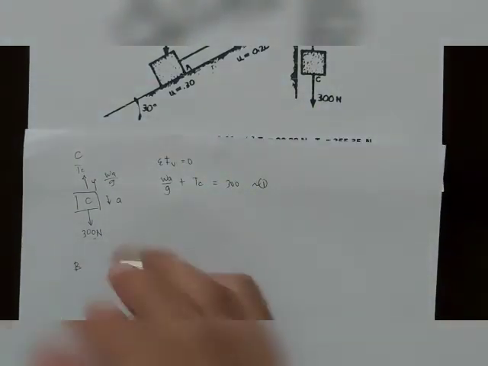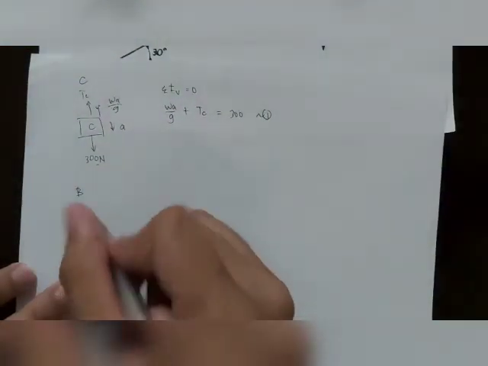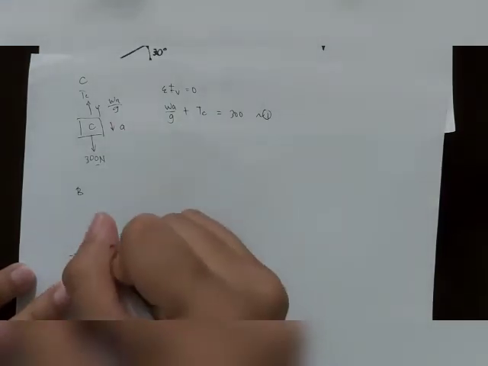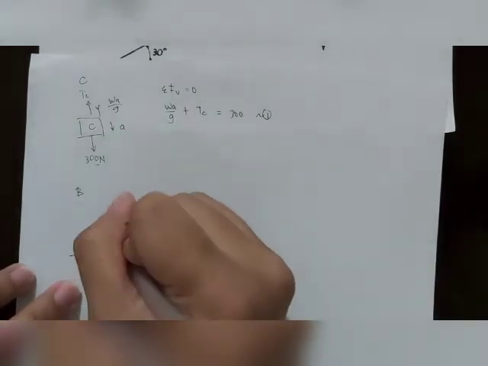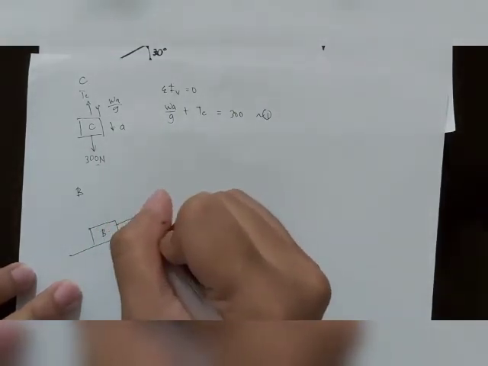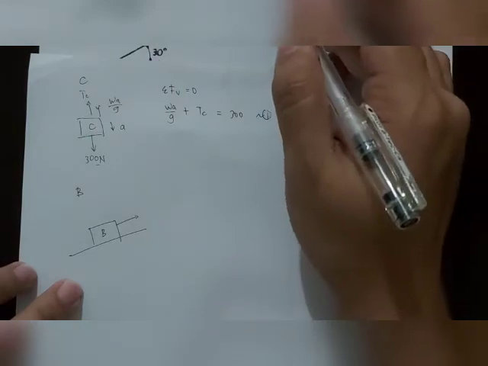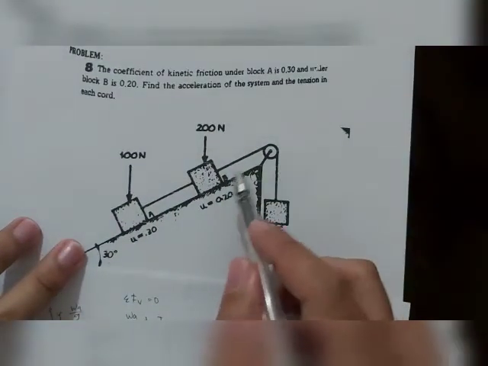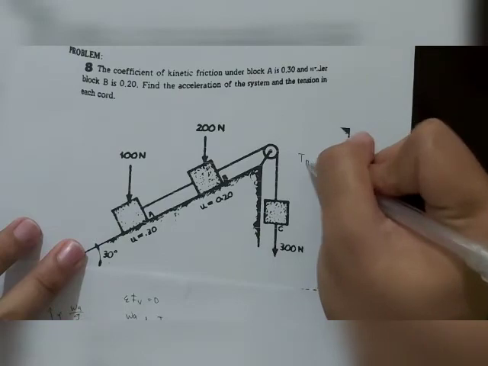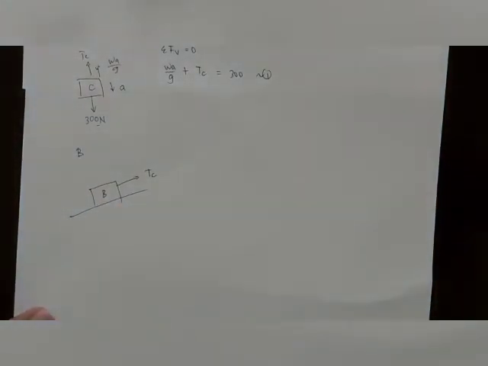So block B, next block B tayo guys. So this is the inclined line. So we have block B. So we have tension B. Since dito sa tension C natin, parehas lang siya ng tension B. So let's say tension B is equal to tension C. Okay.